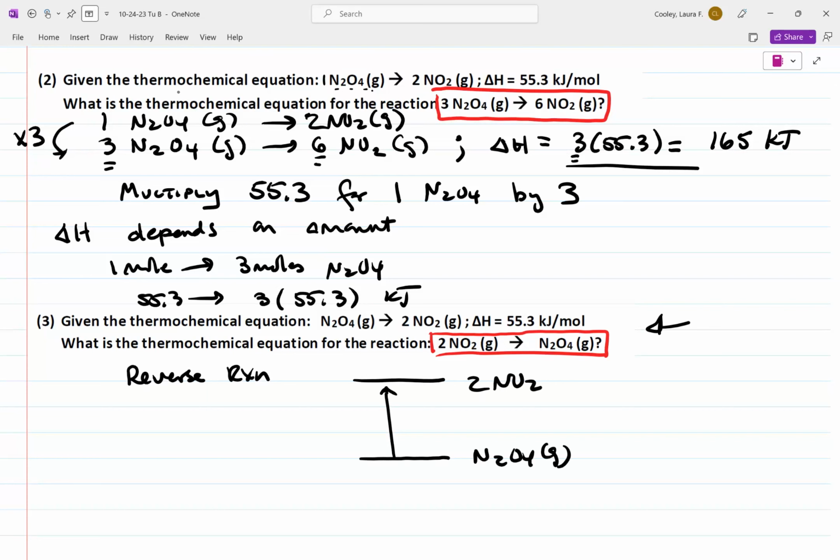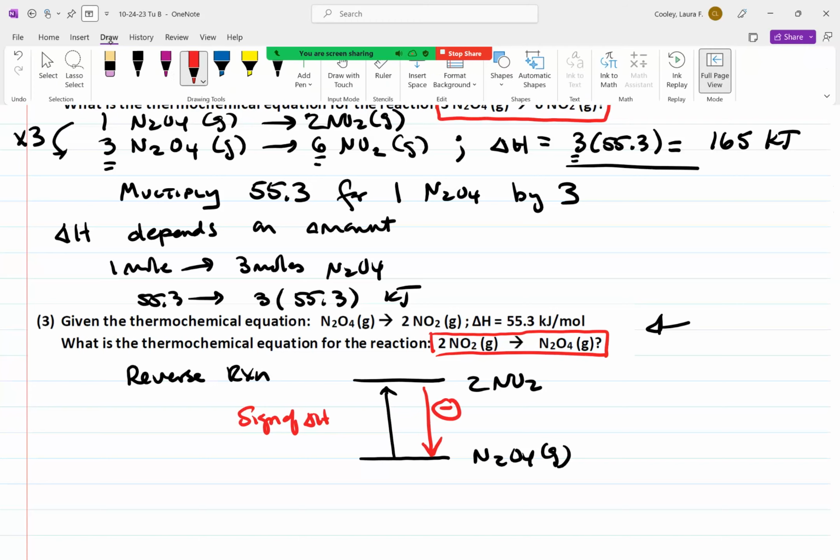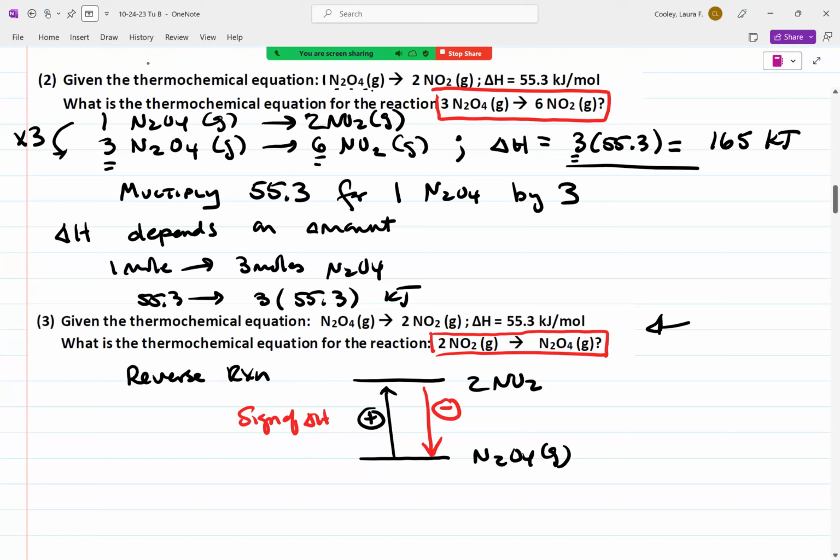So when you go the other way, what is different about the sign of delta H here? Right. Here it's negative. The other way, it's positive. So when you reverse an equation, the sign of the delta H changes. It goes from positive to negative or negative to positive.